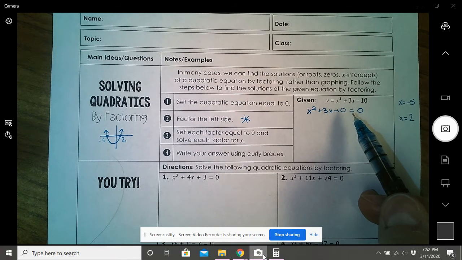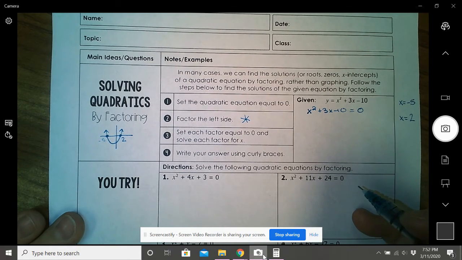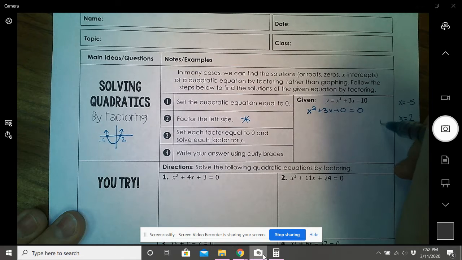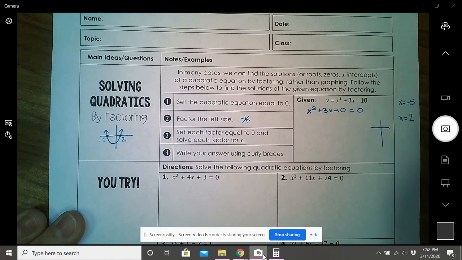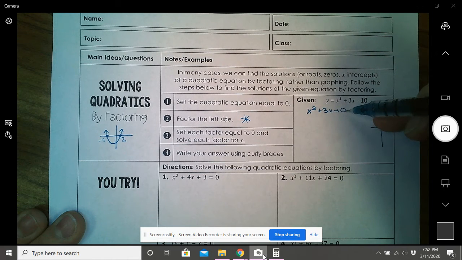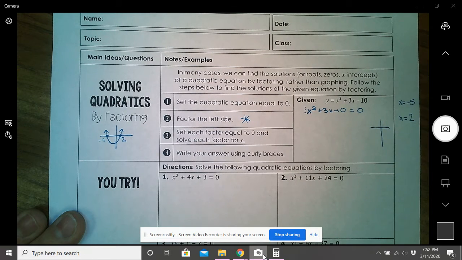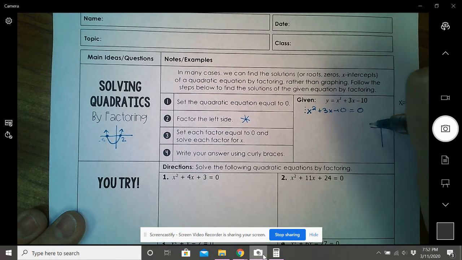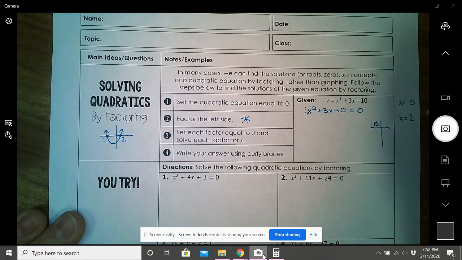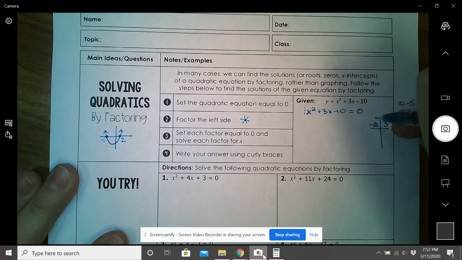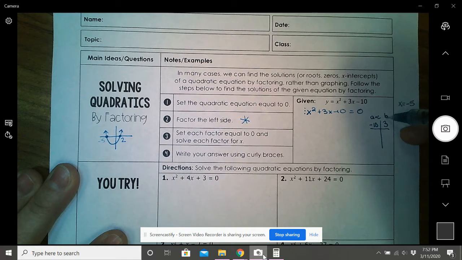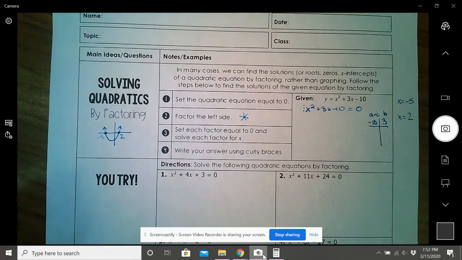So to factor a trinomial, we need to set up our product sum chart. In our product sum chart, we're looking for 2 terms that multiply for A times C. Now, this has a 1 out front. It's invisible, but it's sitting there. So 1 times negative 10 is negative 10. And our B value is 3. So in our product sum chart, we're looking for the 2 terms of A times C that add up to B. Well, not much multiplies for 10.